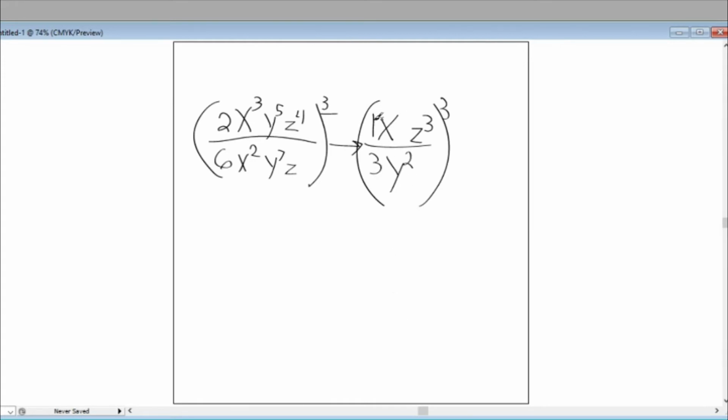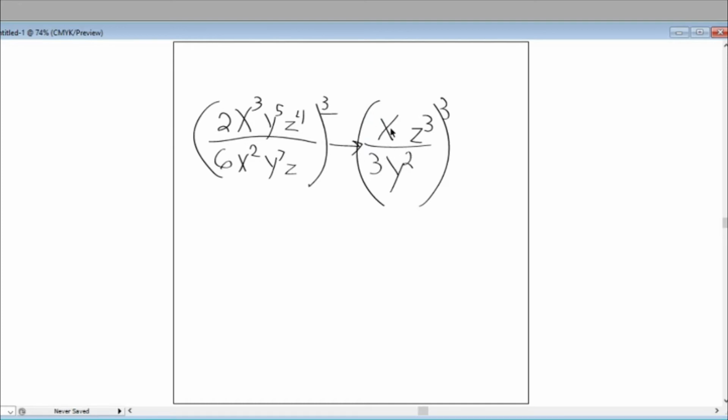So this 1 gets raised to the third. We don't really need this 1, though. Anything times 1 is itself, so x times 1 is still x. And even if we had raised that 1 to the third power, 1 times 1 times 1 is still 1. So we don't need it right there.